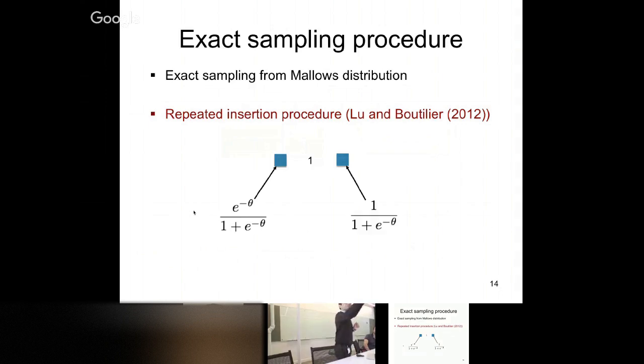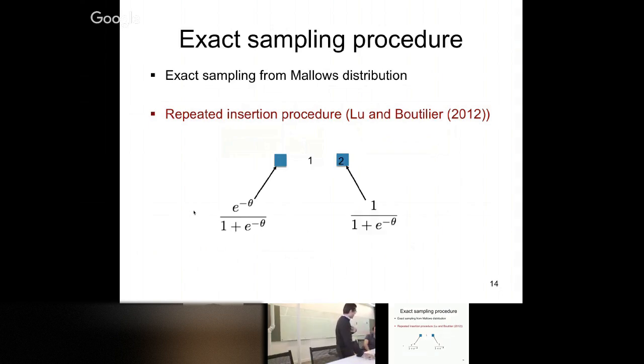So 2 can appear to the right with probability 1 over 1 plus e power minus theta, and to the left with probability e power minus theta over 1 plus e power minus theta. Because if I place it to the right, there's no disagreement with the mode. If I place it to the left, there is one disagreement with the mode.